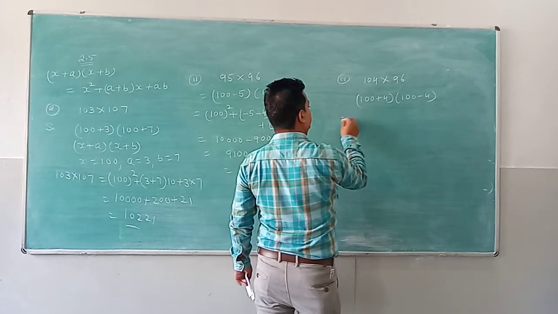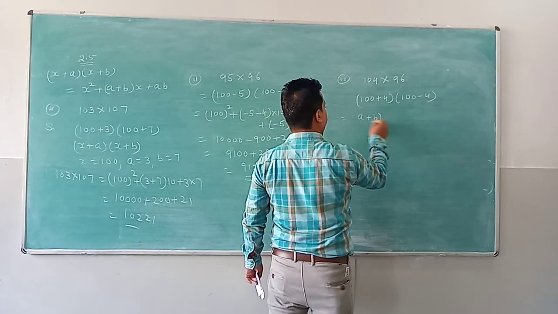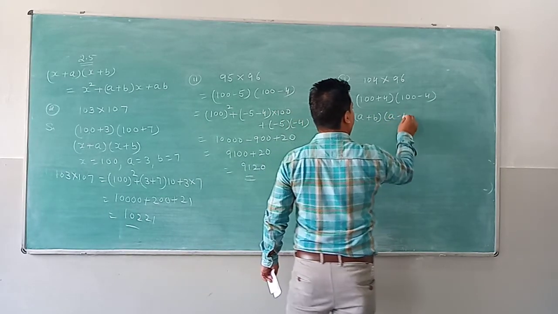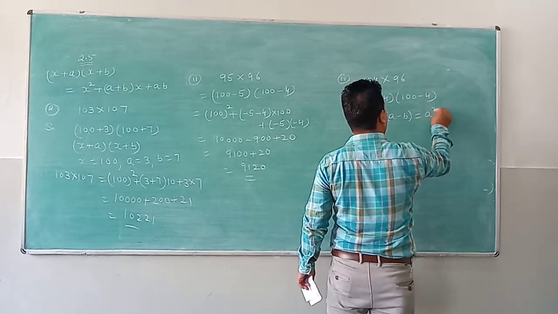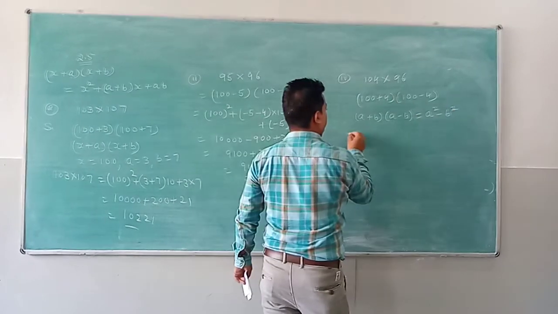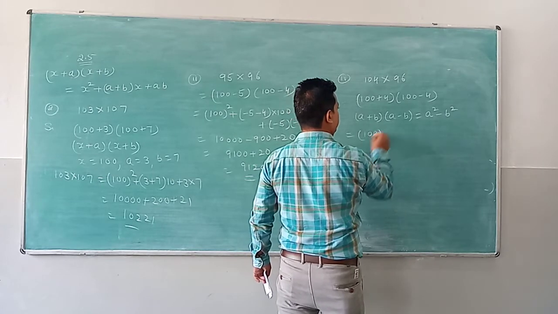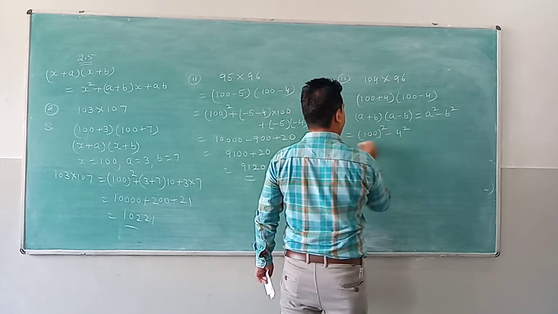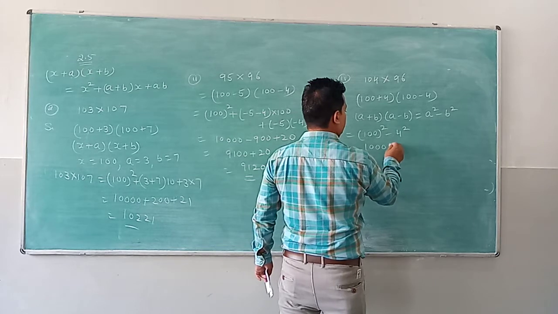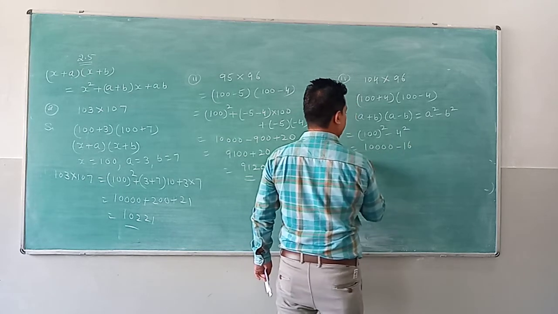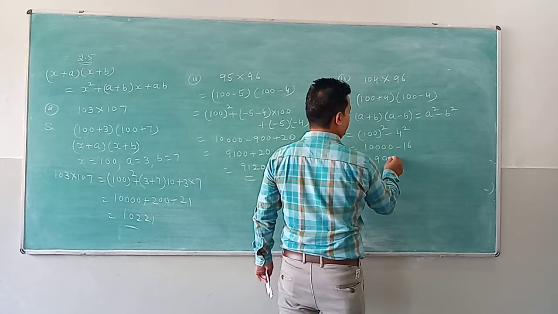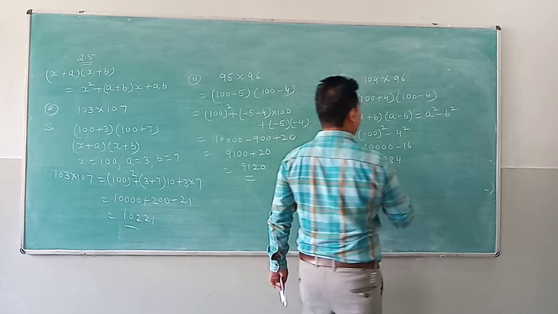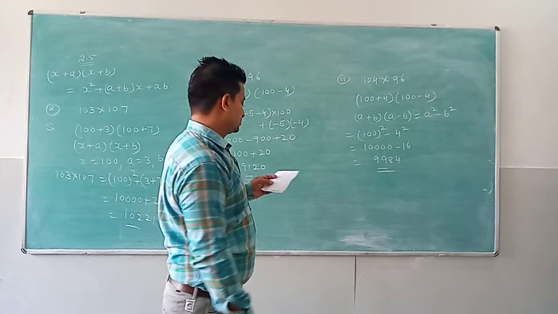In this, we use the identity (a + b)(a − b). So this is a² − b². a² is 100², b² is 4². This is 10,000 minus 16. 9984 is the product of this question.